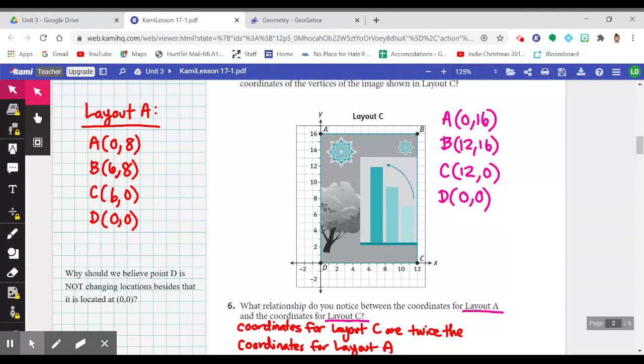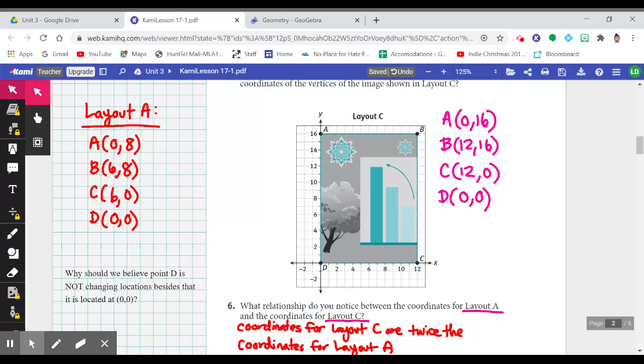Well, in order to write it as a function, every single coordinate has to obey that same rule. So if you said add 8 here, well, 0 plus 8 is not 0, that's 8. So obviously, the addition of 8 is not the correct function. And you can verify that with B as well. B is located at 6, 8.